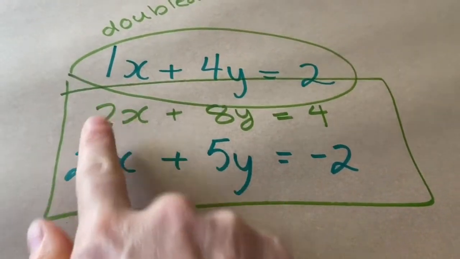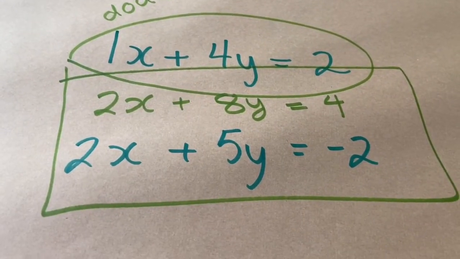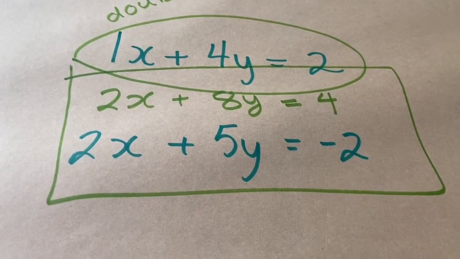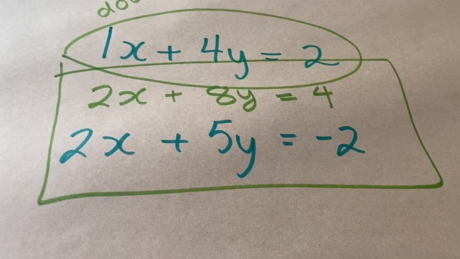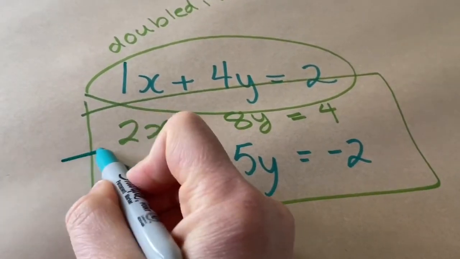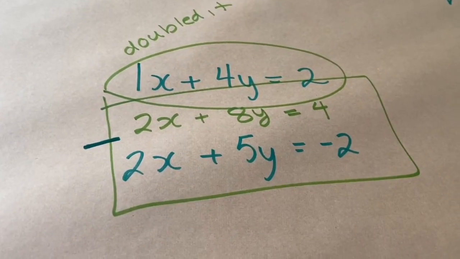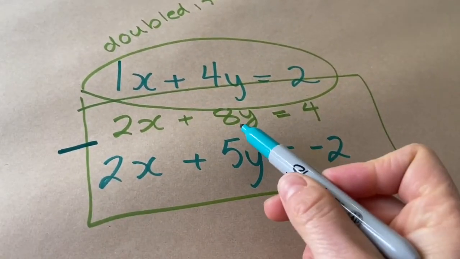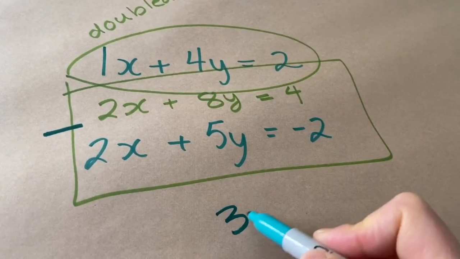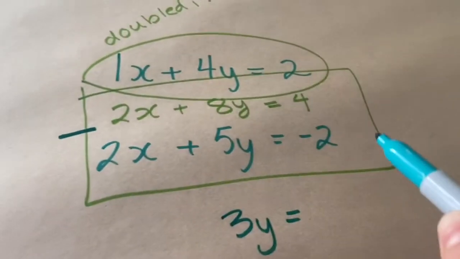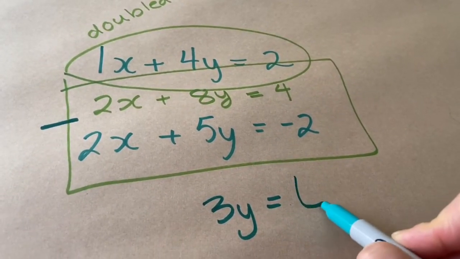If I do 2 plus 2, that gives me 4. 8 plus 5 gives me 13. That's not eliminating anything. But if I were to subtract, 2x minus 2x gives me 0x. It's eliminated. 8y minus 5y gives me 3y. 4 subtract negative 2 gives me 6.